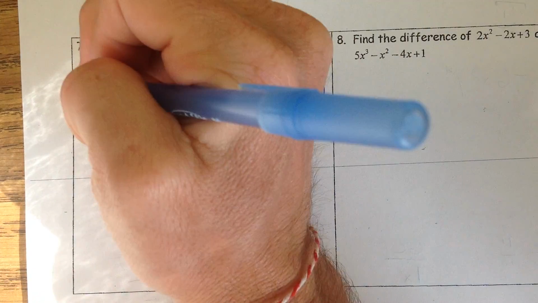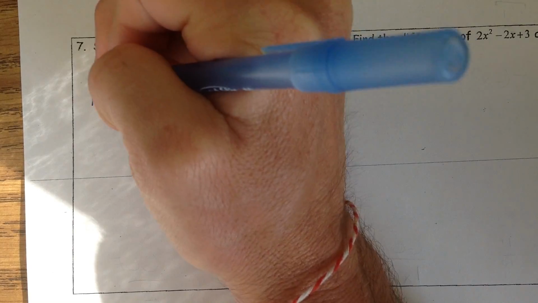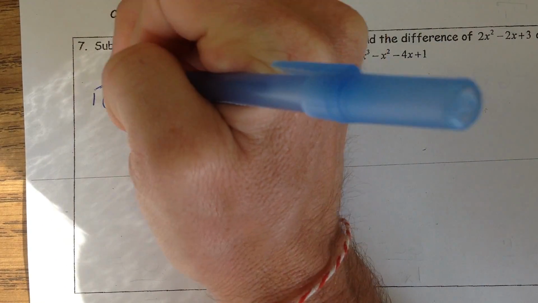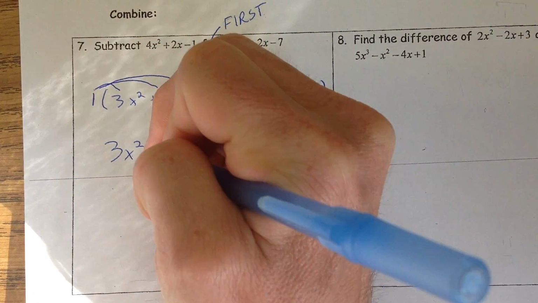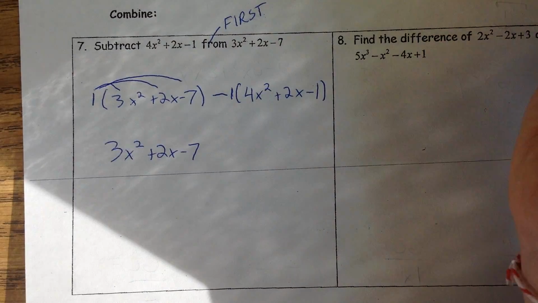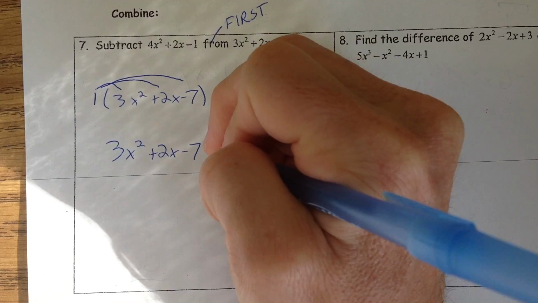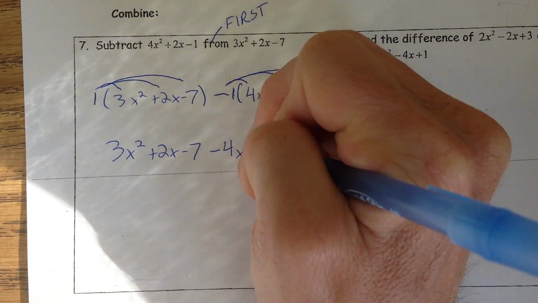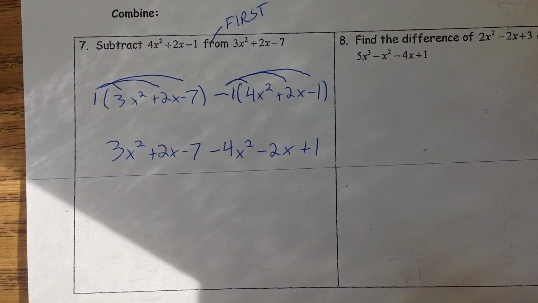Now, this one has a positive 1 in front. Multiplying by positive 1 does not change anything. So this first part stays exactly the same. 3x squared plus 2x minus 7. This one has a negative 1 in front. Multiplying by negative 1 does change things. So this is going to become minus 4x squared minus 2x plus 1.